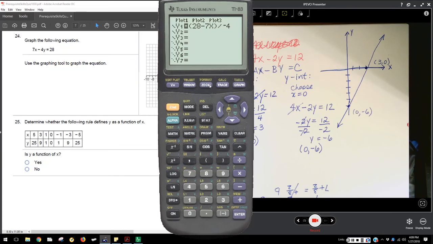So I'm going to go zoom 6. And it looks like my x-intercept is 4, 0, but if I want to be sure, I can ask it to show me, and it says that it is 4, 0. And if I want to know the y-intercept, that's always going to be where x is equal to 0. So my y-intercept is 0, -7, and that's enough information for you to graph it on the screen.